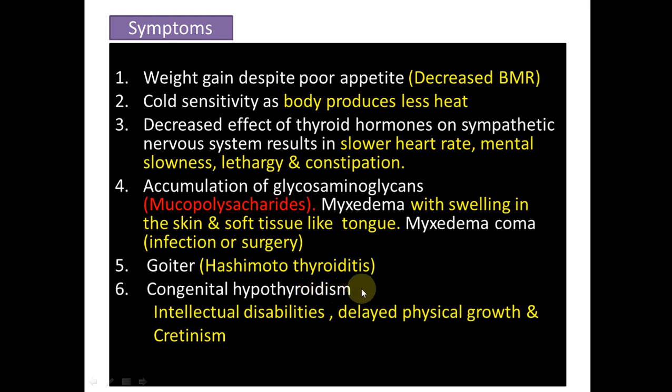Because if the hypothyroidism is not treated, as we know, thyroid hormones are very important for physical and mental growth. So these children will suffer from intellectual disabilities, delayed physical growth, and cretinism, short stature with defective physical and intellectual growth.